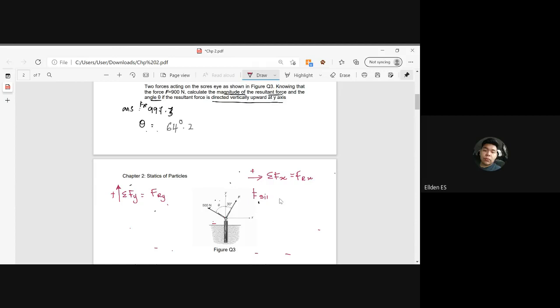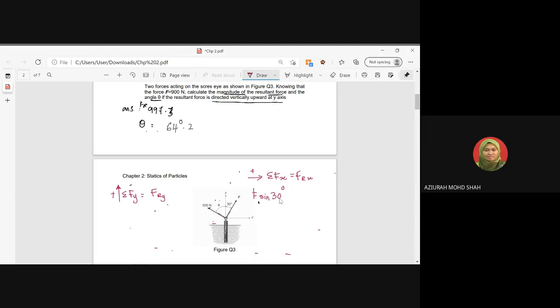Positive. So siapa-siapa yang masih lagi confused to write sin or cos, later you PM me. You have to make sure that you are clear on writing the component X and component Y, because in chapter 3 memang kita akan laju dah.